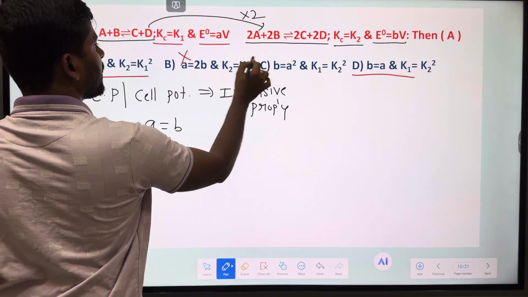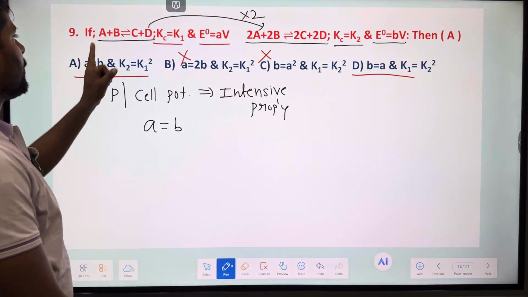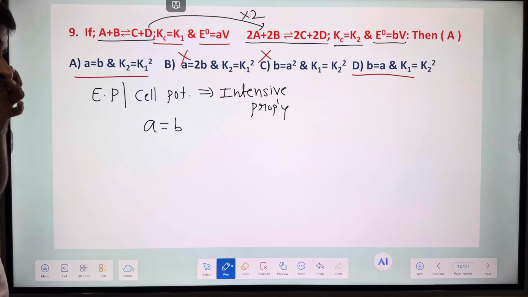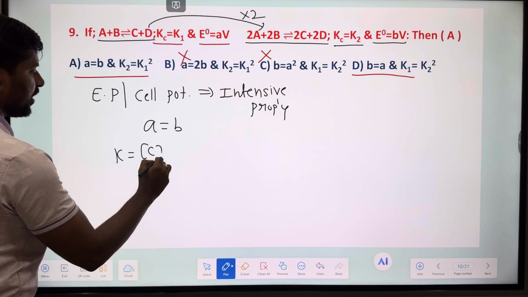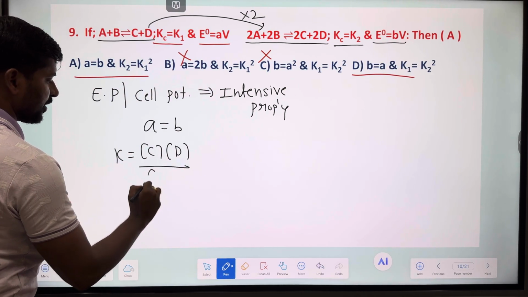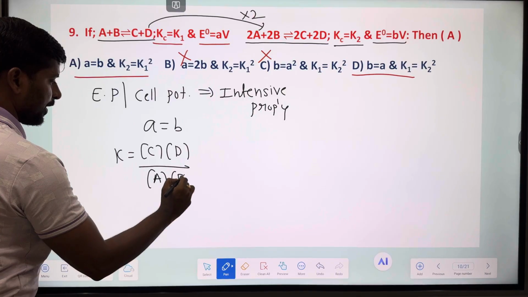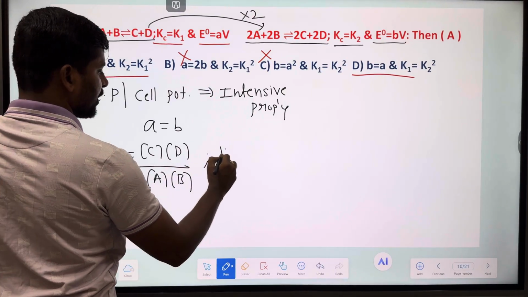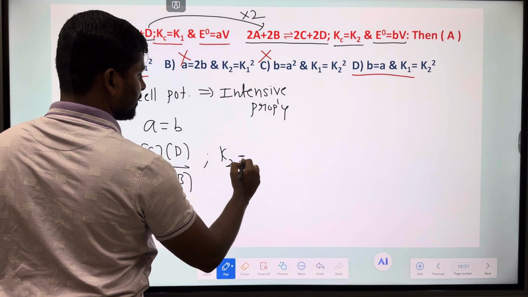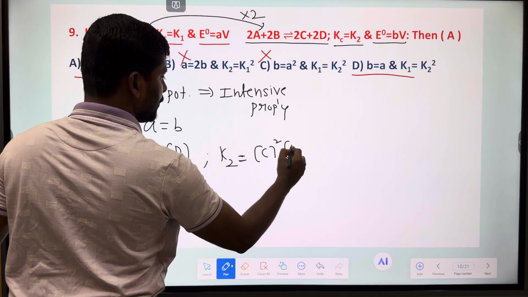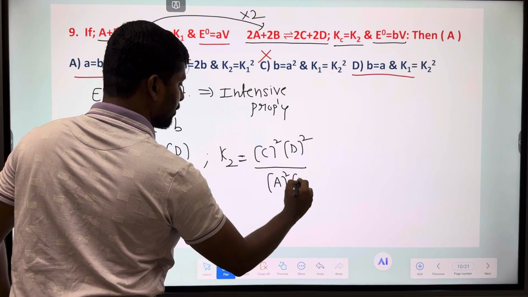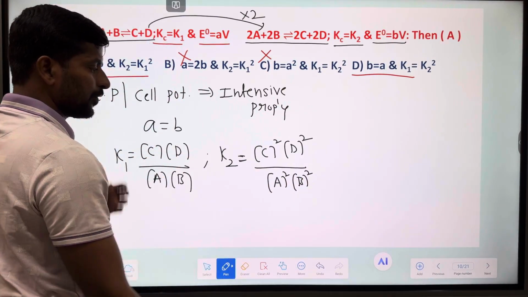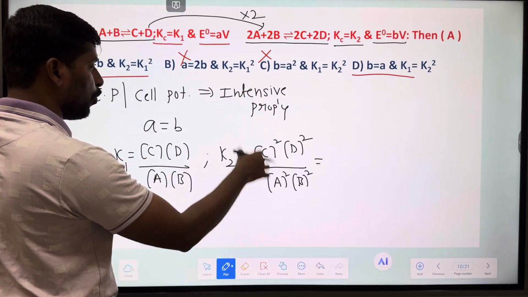So B and C are not correct. If you multiply with 2, then what do we get? The equilibrium constant for the first reaction is product side concentrations by reactant side concentrations, K1. And what about K2? Product side concentrations, that is C square into D square, divided by the reactant side raised to the corresponding stoichiometric coefficients, A square B square. So this is nothing but CD by AB whole square.